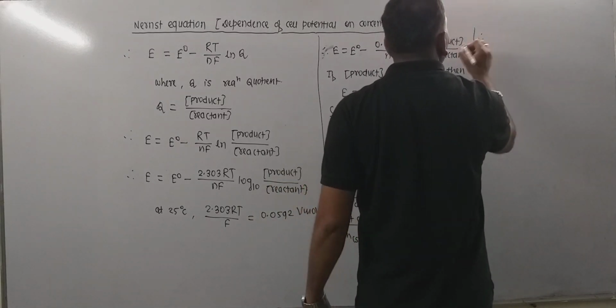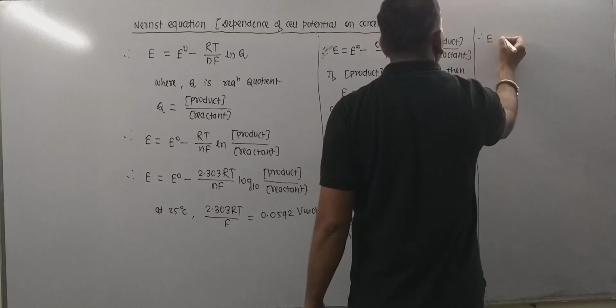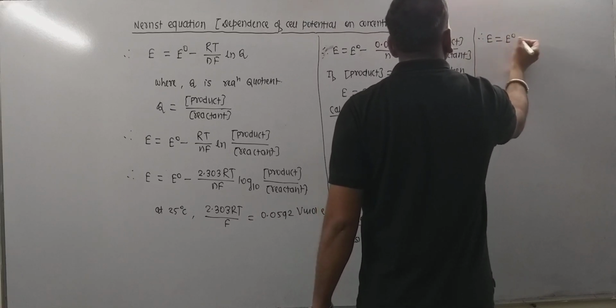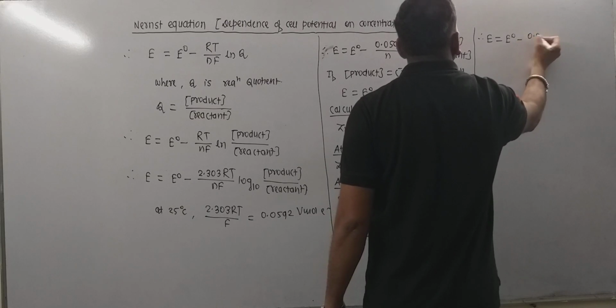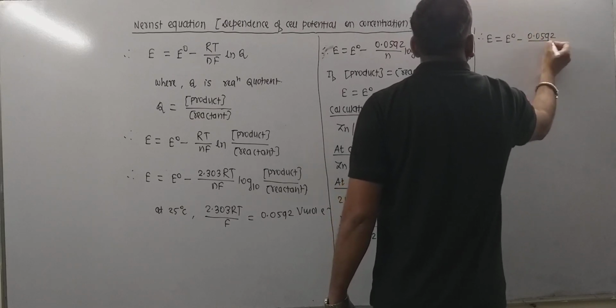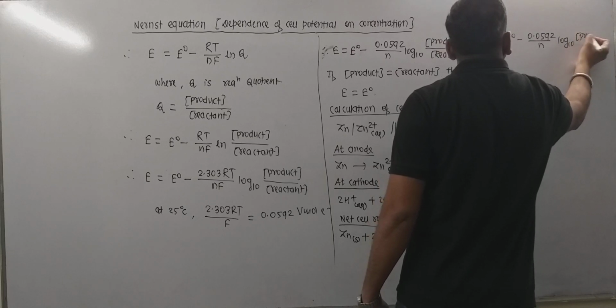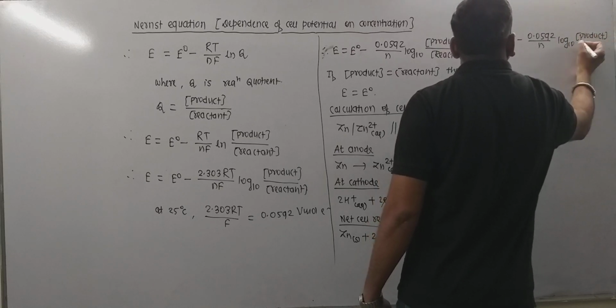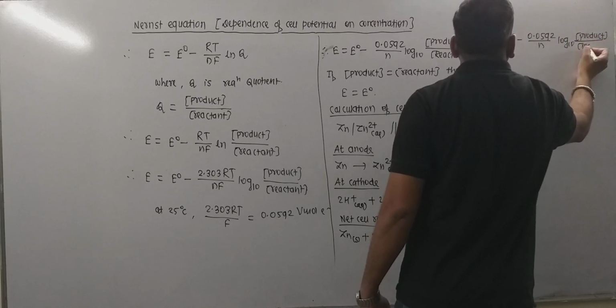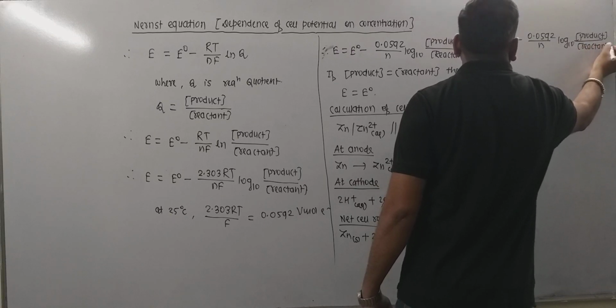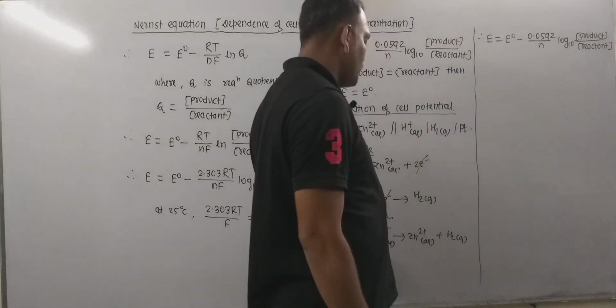Now according to the Nernst equation, we know that E is equal to E naught minus 0.0592 upon n log base 10 concentration of product upon concentration of reactant. Now this is our cell reaction.